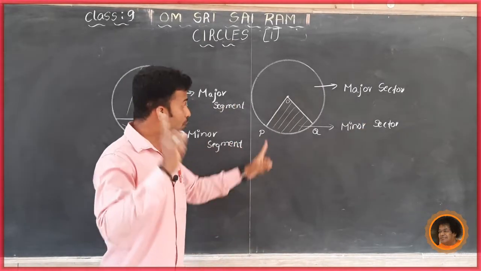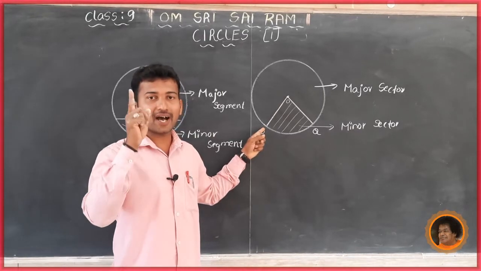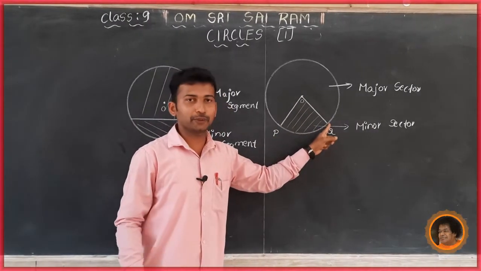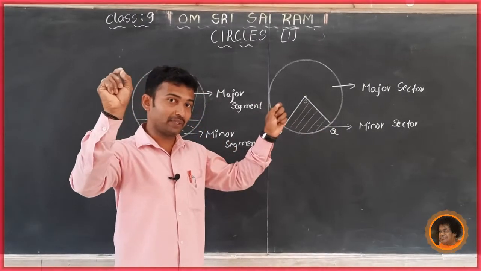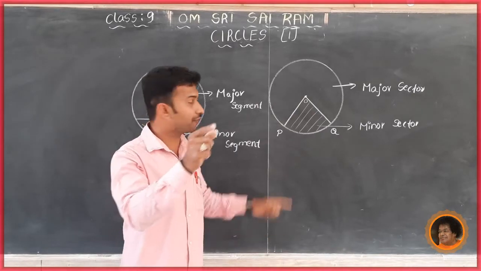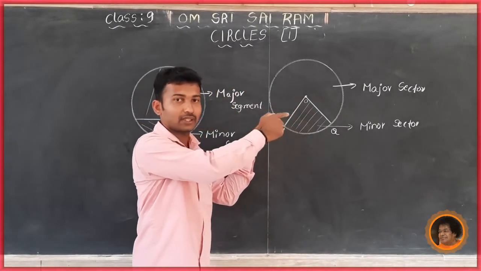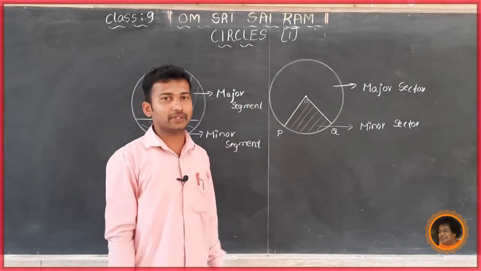If the end points of the arcs, P and Q, are the end points of the diameter of the circle, what will happen?